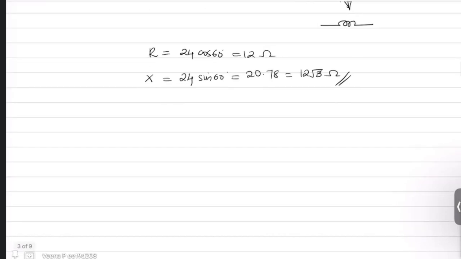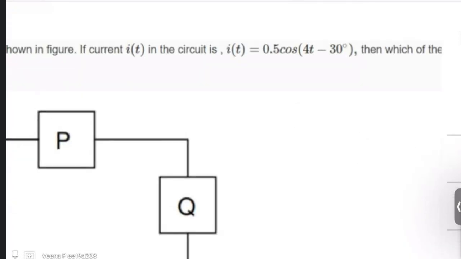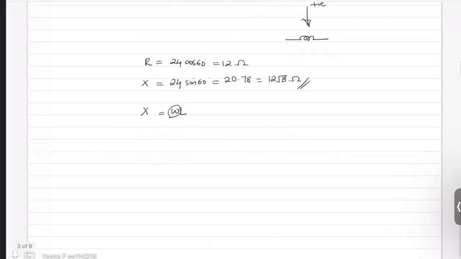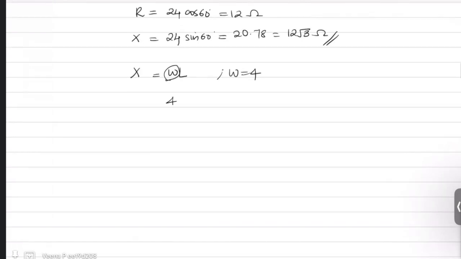So now you know that your reactance is nothing but omega L. Now what is omega? Omega is the frequency of your supply and it is given in the question as 4. So your omega is 4. That means 4L is 12 root 3.